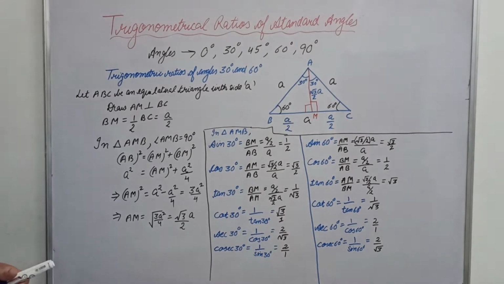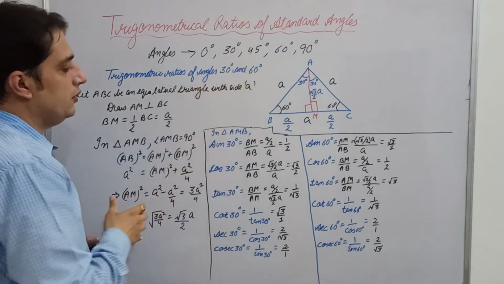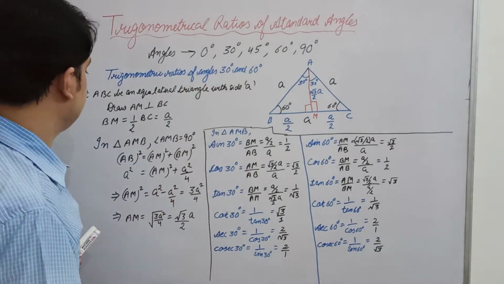Right. So these are the values of t ratios. Let us move to the t ratios of an angle 45 degree. How are the values of t ratios determined for angle 45 degree, right?